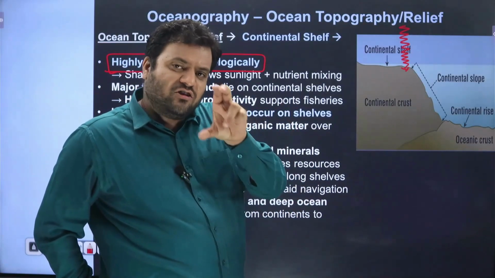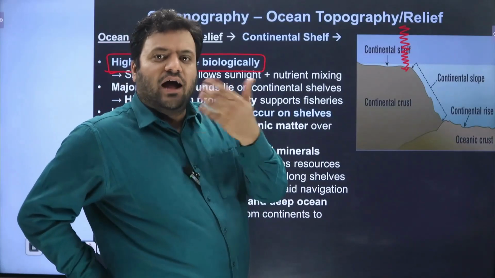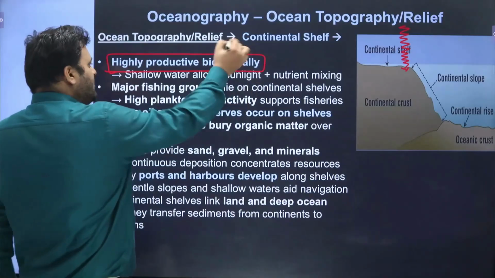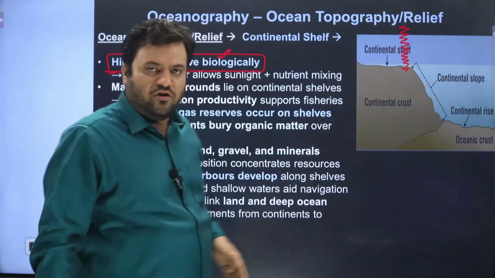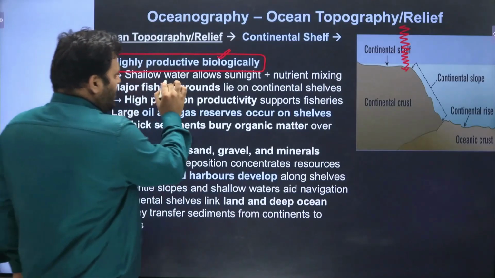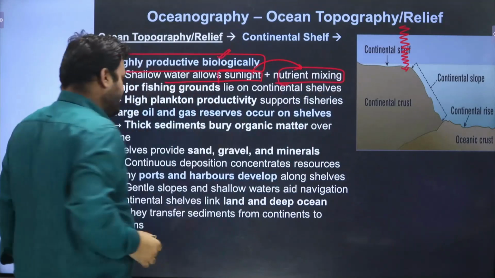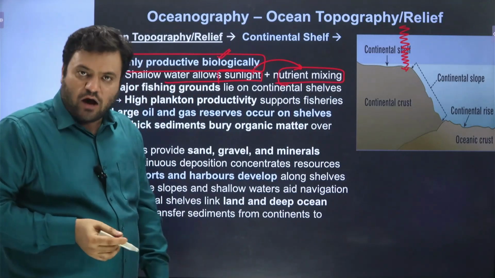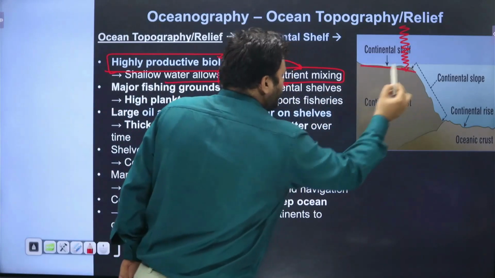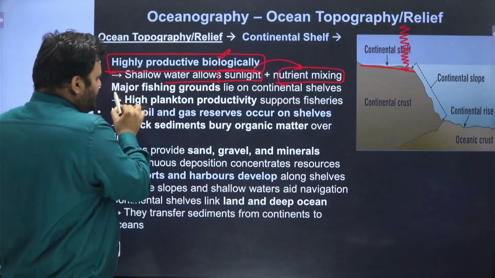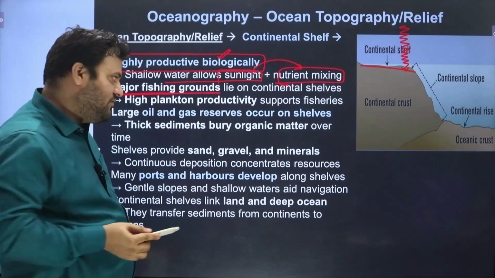That zone is known as the photic zone, meaning sunlight is present in that area, and that sunlight is very vital for the organisms present in the continental shelf and for their biological metabolism activities. Shallow water allows sunlight, and shallow water also allows nutrient mixing when it comes to fishing grounds, for example. So you will notice that there are major fishing grounds on the continental shelf areas.